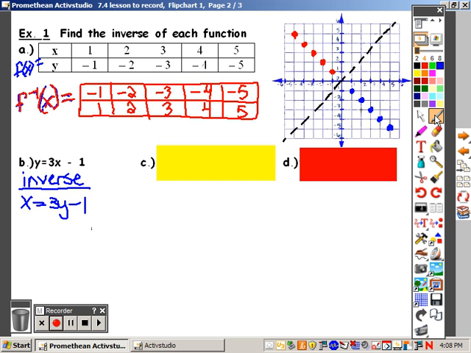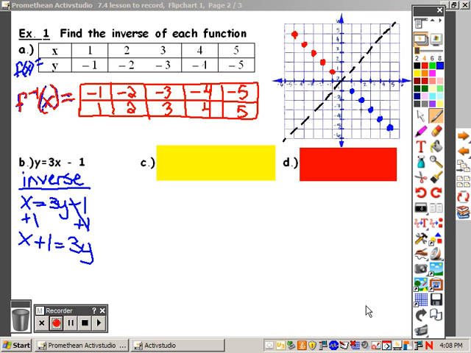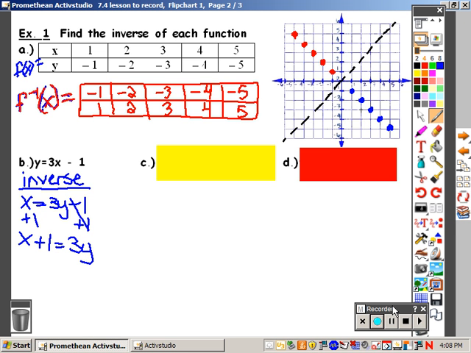So what would you do first? Add 1. So now I have x plus 1 equals 3y. And is y by itself yet? No. So to get y by itself, what do I have to do? Divide by 3. And I always ask, what do you divide by 3? You divide every single piece.